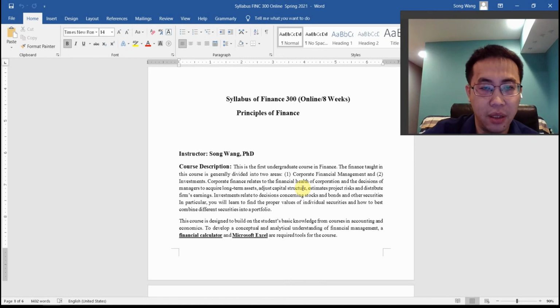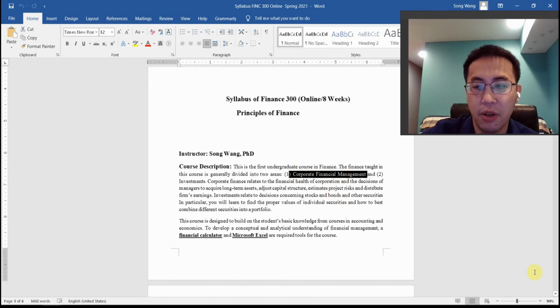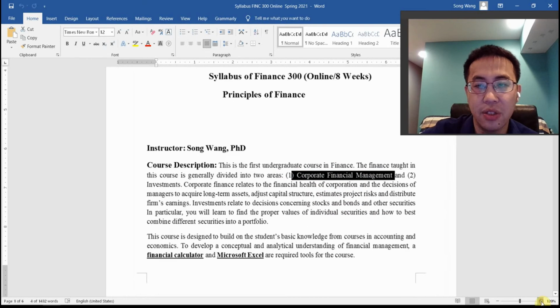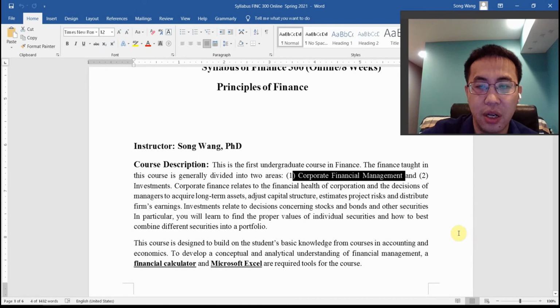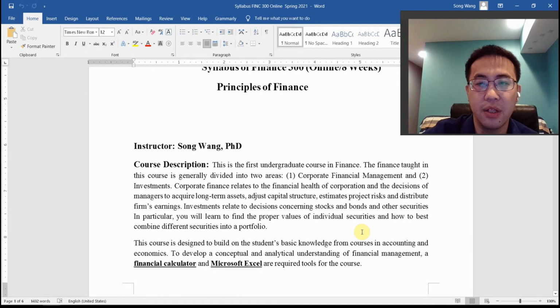Talking about this discipline of finance, it can be divided into two major areas. One is corporate financial management. So imagine yourself as a manager of a corporation, no matter a big one or a small one. So you have to deal with the financial statements and analysis of your own company. And another area of finance is called investment. So basically, you are an investor either for yourself or for your client.